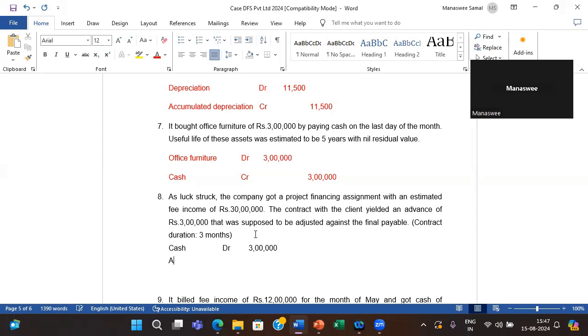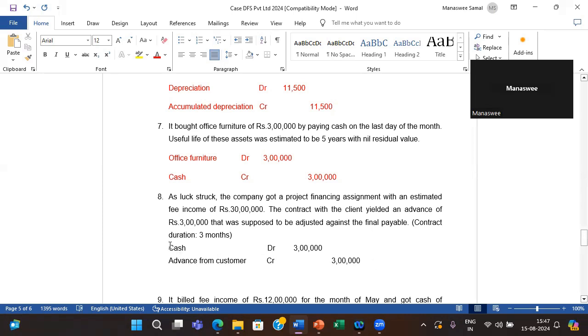Then I'll have to credit advance from customer, that is 3 lakhs. So cash debit, advance from customer credit.